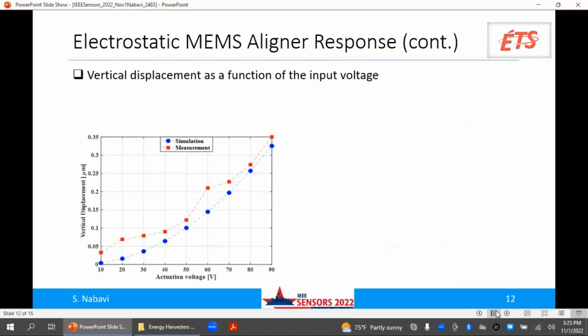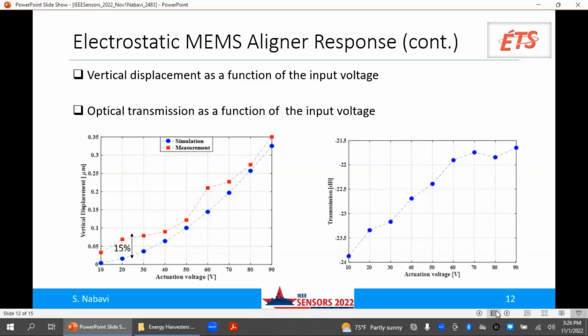Here I have the vertical displacement, measured by a microscope for different voltages. The blue curve shows the simulation done in the console, and the red one shows the measurement. The maximum discrepancy between simulation and measurement is around 15%.